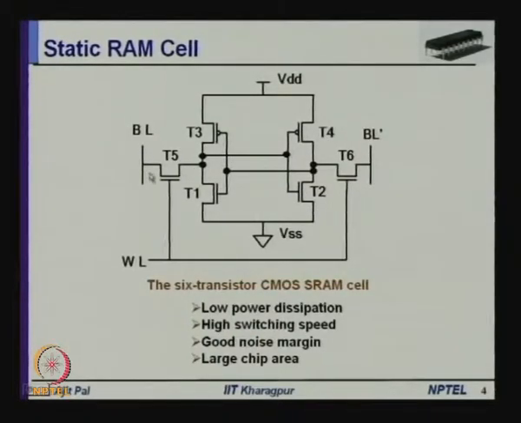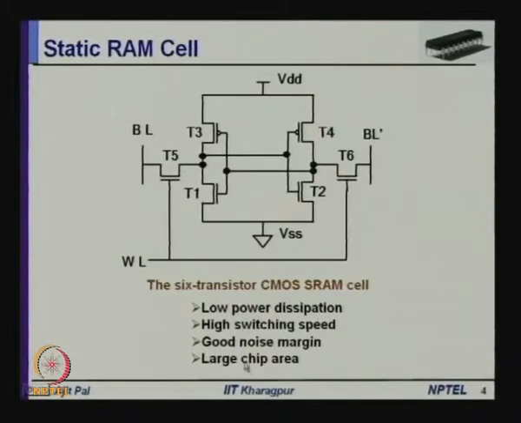Now, that you can read with the help of T5 and T6, and information will go to the bit line, and from the bit line it can be transferred to the outside world through some interface circuit, that I shall discuss a little later.